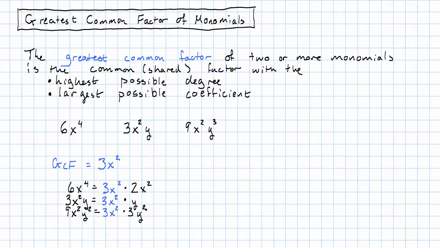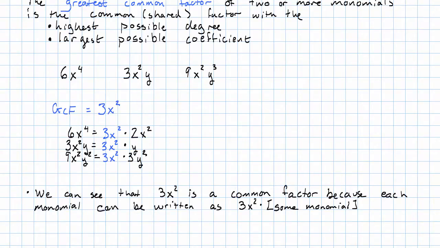So we can see that 3x squared is a common factor because we can write each monomial as 3x squared times something. How do we know that 3x squared is the greatest common factor? Well, we know that because these remaining monomials have no factors in common.